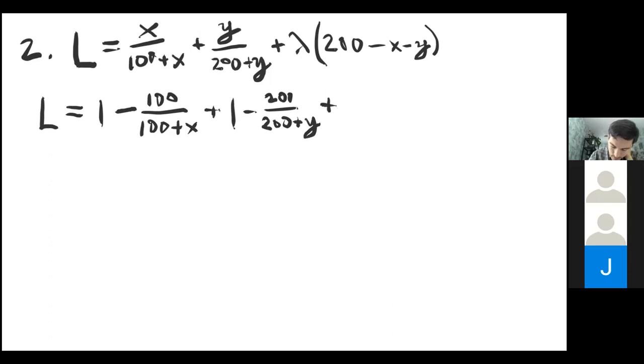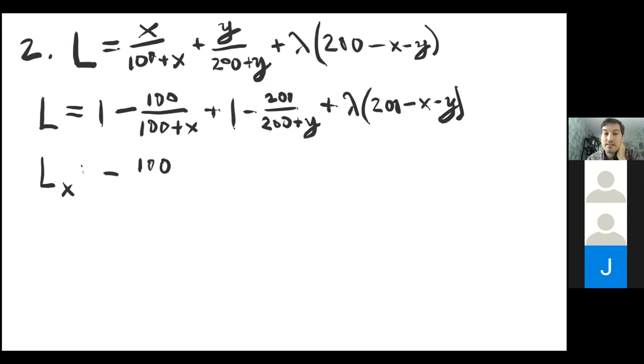Plus lambda times 200 minus x minus y. Okay. What do I want to do? Take the derivative with respect to x, as we always do. What do we get? If the 1 goes away, the negative 100 over 100 plus x is still there.